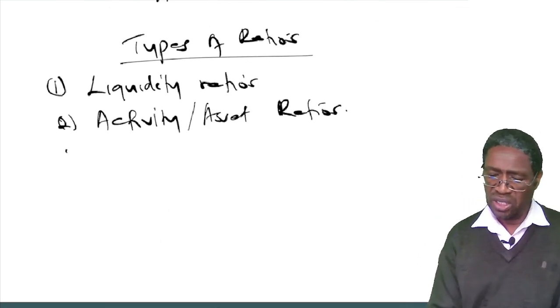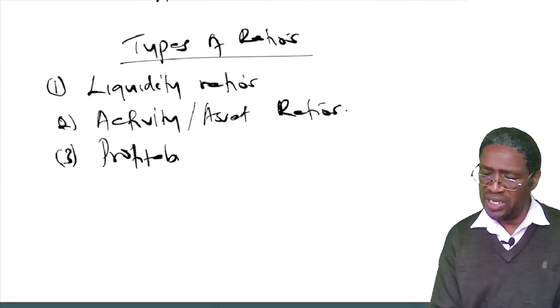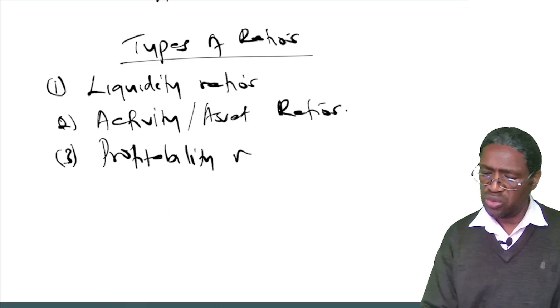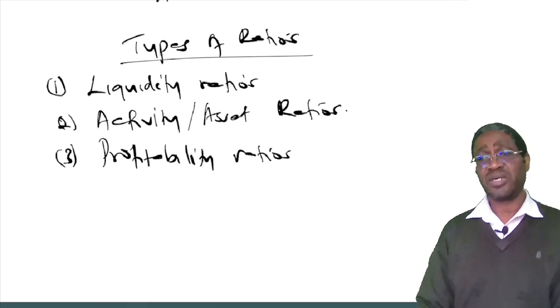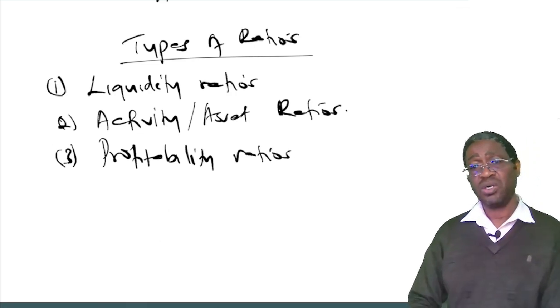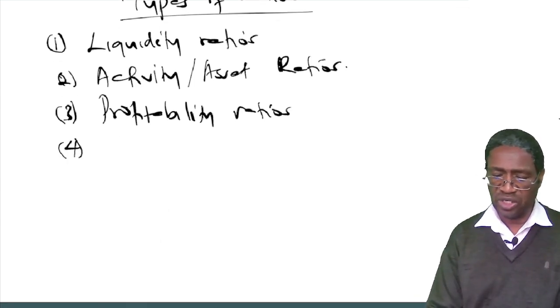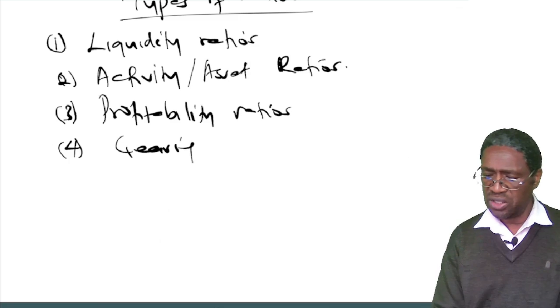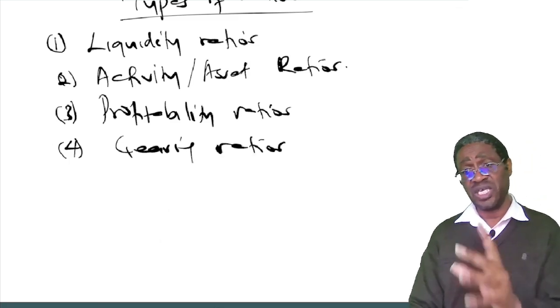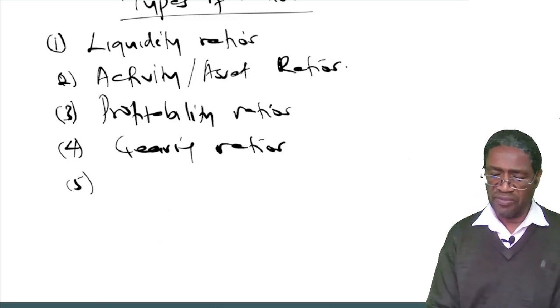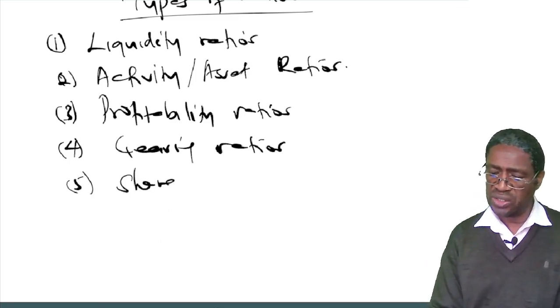Number three, another category is profitability ratios. Number four, another category is gearing ratios. Number five, we have what we call shareholders ratios.